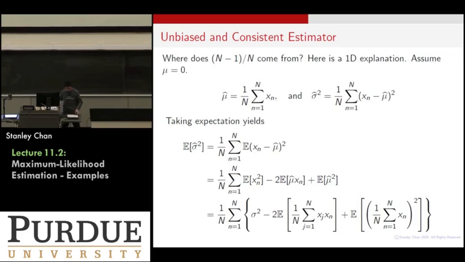If you're interested in knowing where this n minus 1 versus n business comes from, here is a derivation, which I think is not very interesting, so I'm going to let you read it by yourself. But what you can do is work on the 1D case, write down the variance of this quantity, and then evaluate this expectation of the variance with some algebra.